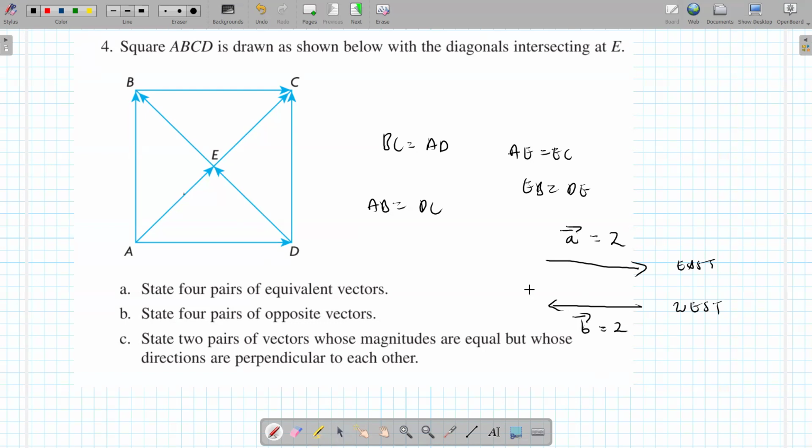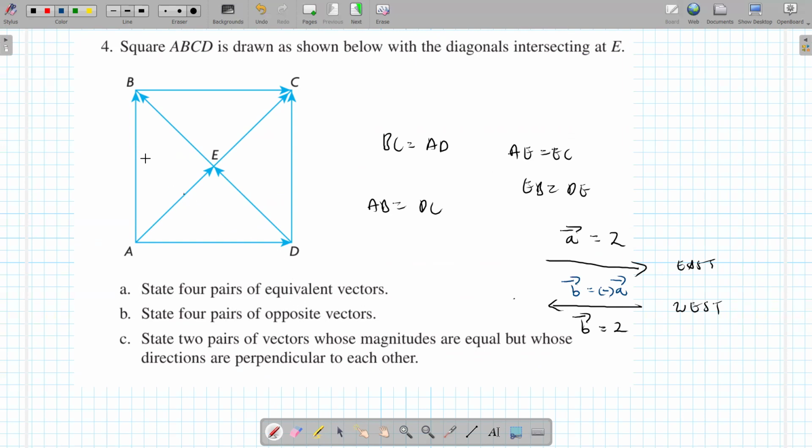So you can also rewrite this as vector B is the same thing as vector A, except in the opposite direction: negative A. That's the definition of an opposite vector. Same magnitude, but different direction. So for part B, it says state 4 pairs of opposite vectors.